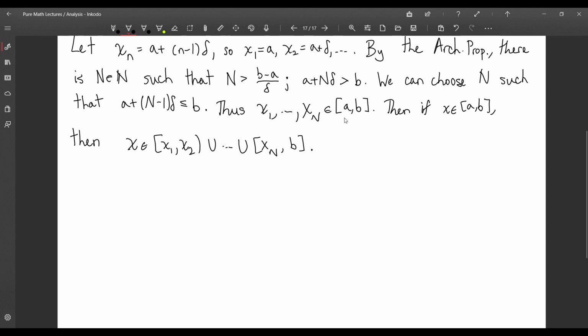We've essentially formed a partition of the interval from A to B.